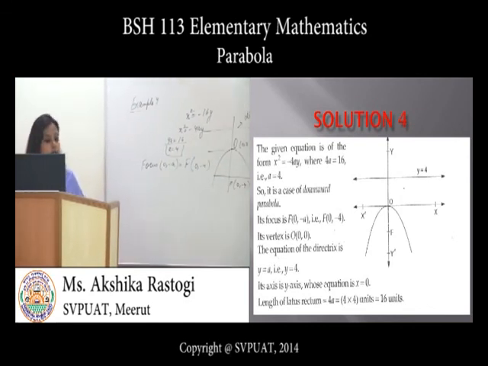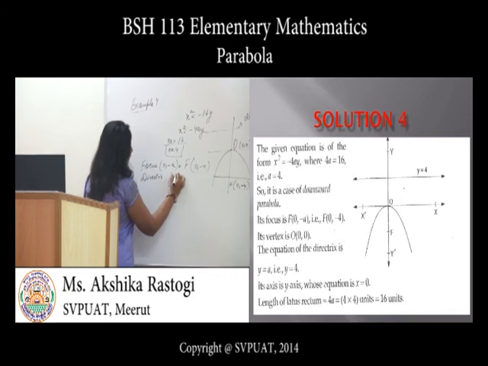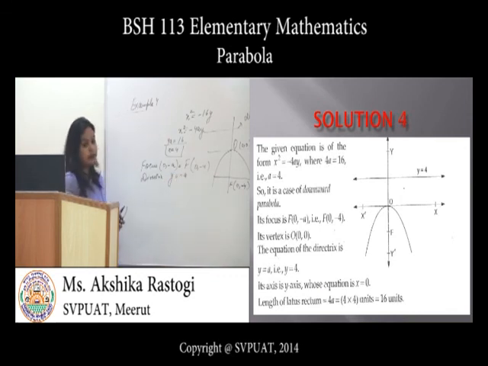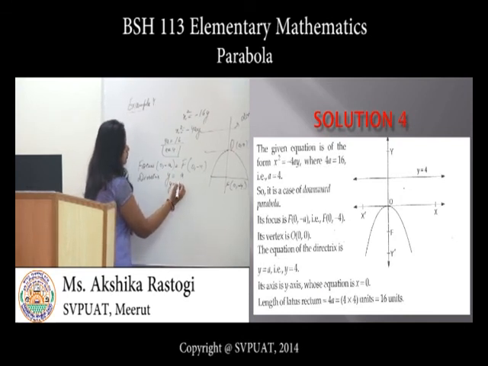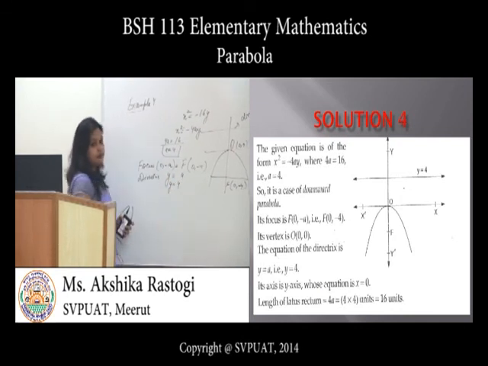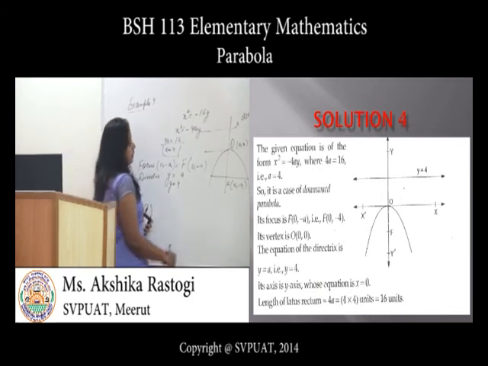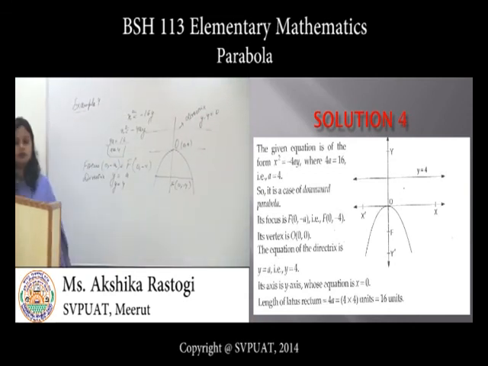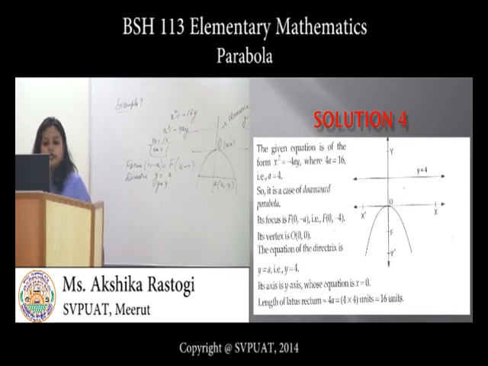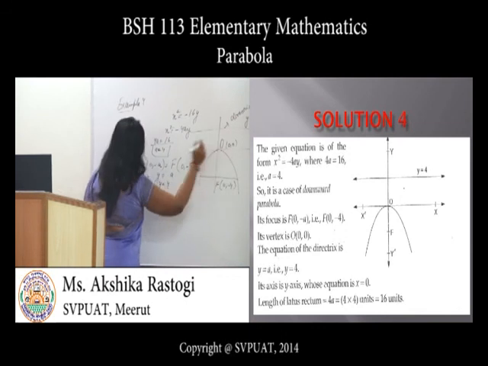Now the equation of the directrix will be y equals a, that means y equals 4. This is the equation of the directrix. We can show it here also, y minus 4 equals 0. Then we have its axis. The axis is the y-axis.